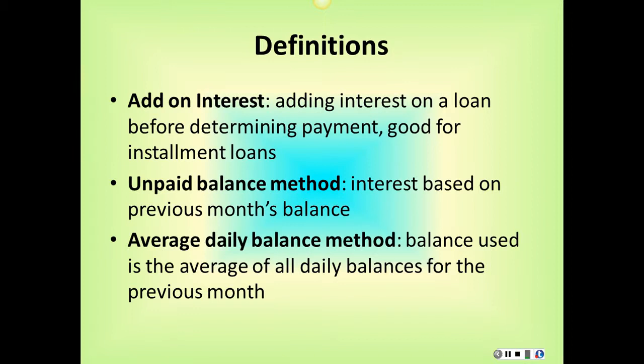Average daily balance is one of the more common ones used by credit card companies, where you add the balance for each day of the month, based on how many days. For example, if you charge $200 in the first 10 days, you'll be charged $200 for each of those 10 days.